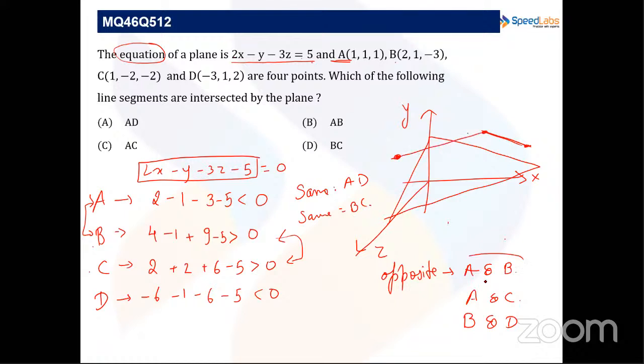So which will intersect? AB. Is our option AB there? Yeah, B1. AC, it is there. BD is not there. Will AD intersect? No, because it is on the same side. Will BC intersect? No, it is on the same side. Clear?